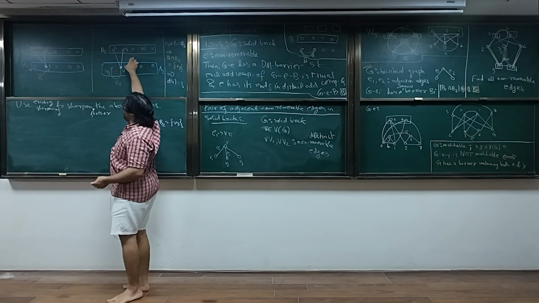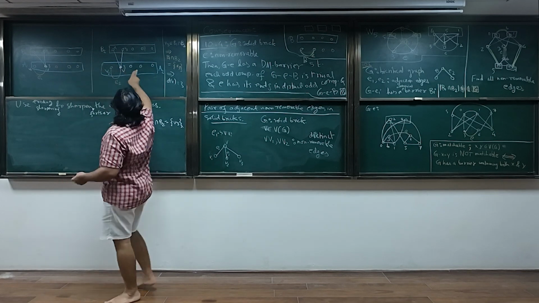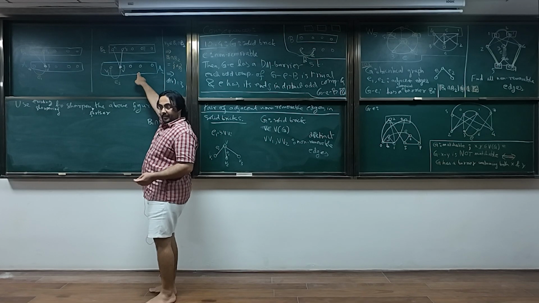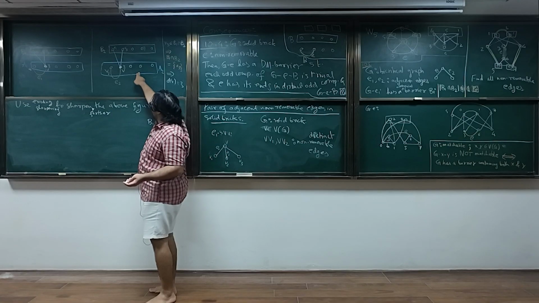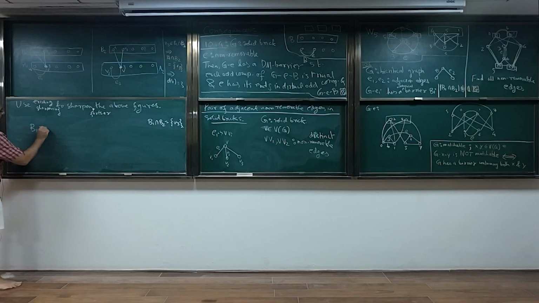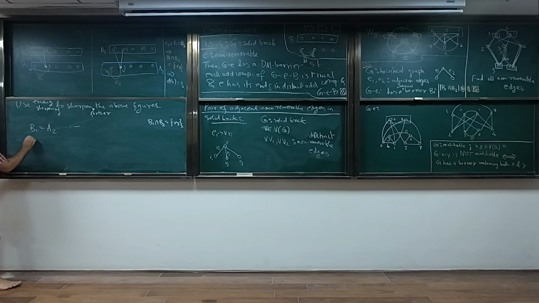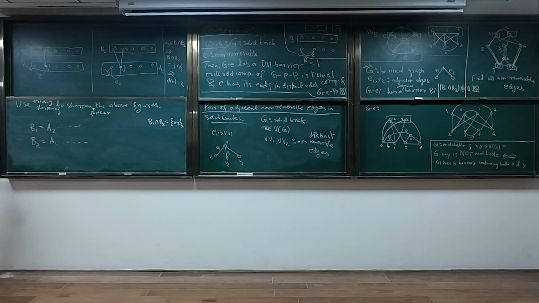So all the other four vertices I have drawn in this set must be here. Now you can write down an equation relating B1 and A2. So basically B1 is equal to A2 blah blah blah, and B2 is equal to A1 blah blah blah.